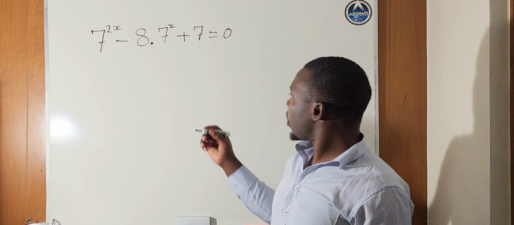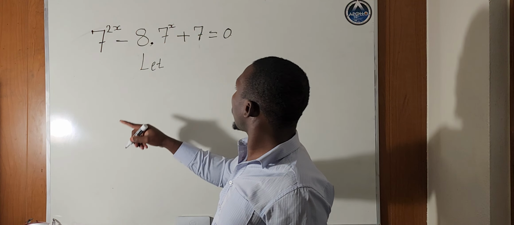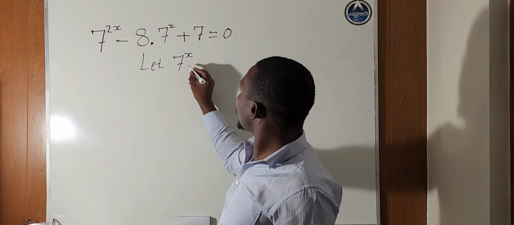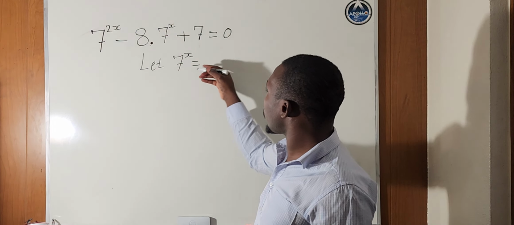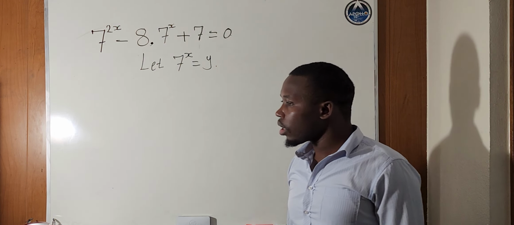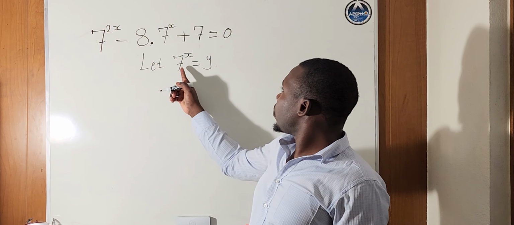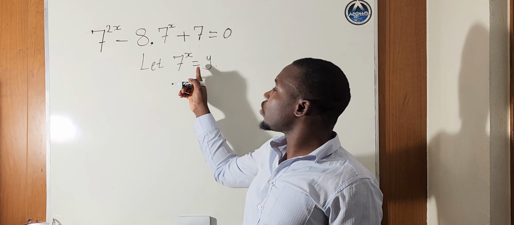We can say let 7 power x equal to, call it y or m. We can call it y in this case. Wherever we see 7 power x, we just substitute with y.